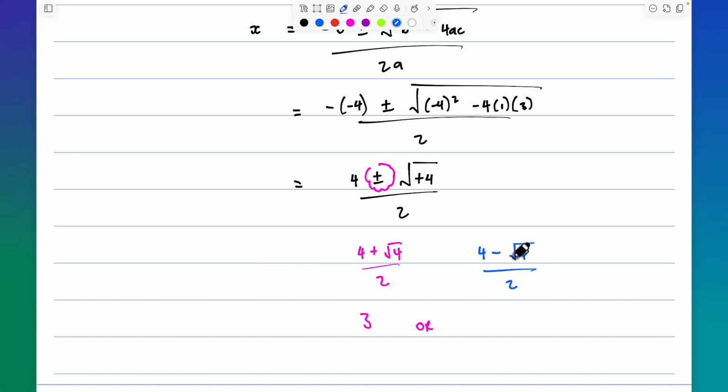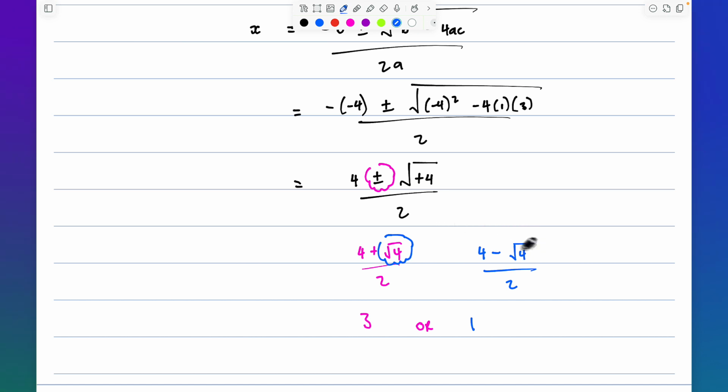So 4 minus 2 gives you 2, divided by 2 gives you 1. Right? So your answer can be either 3 or 1, but the only reason why we were able to get two distinct solutions is because when we added this and subtracted this, 4 plus 2 gave us 6 and 4 minus 2 gave us 2, right?